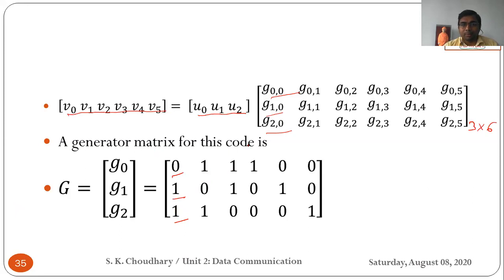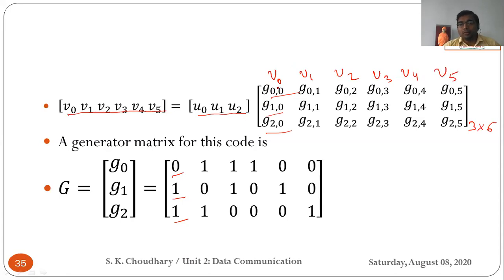This particular G0, G00 and G0, G1. So what happens because of that? This is the representation of V0. This is V1, V2, V3, V4, V5.